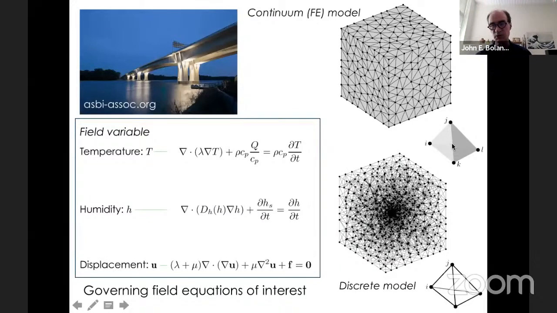We have a spatial description of all the field variables within each element, within the whole domain. For discrete methods, we only have a description along the line between the 2 end nodes of the element. So that's one big difference between continuum approaches and discrete approaches.